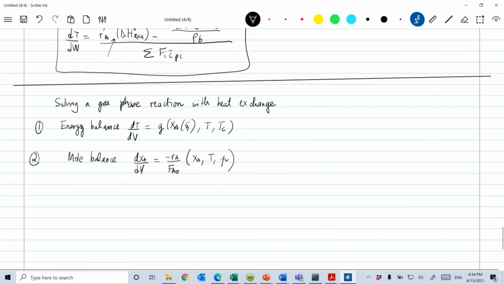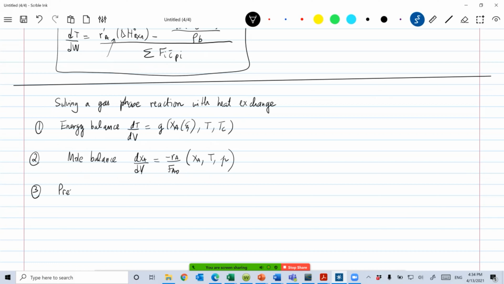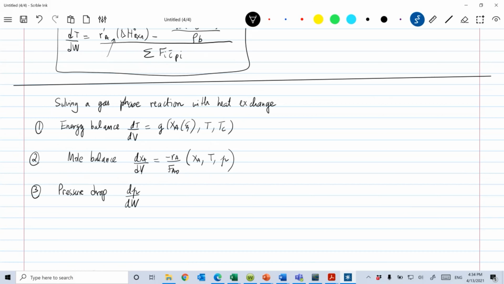Let's say there is pressure drop. So you can put your pressure drop term. Okay, so that pretty much puts together everything you have. So let's say this is pressure drop. We'll put W's in parentheses here for consistency.